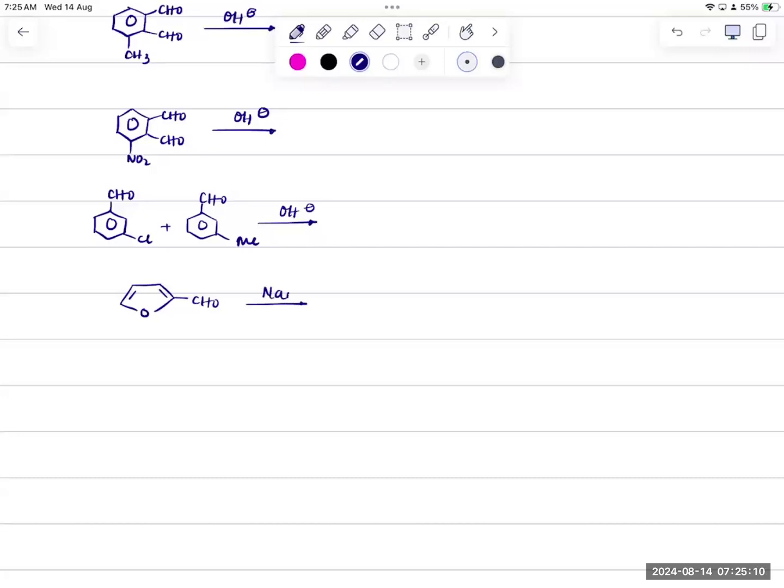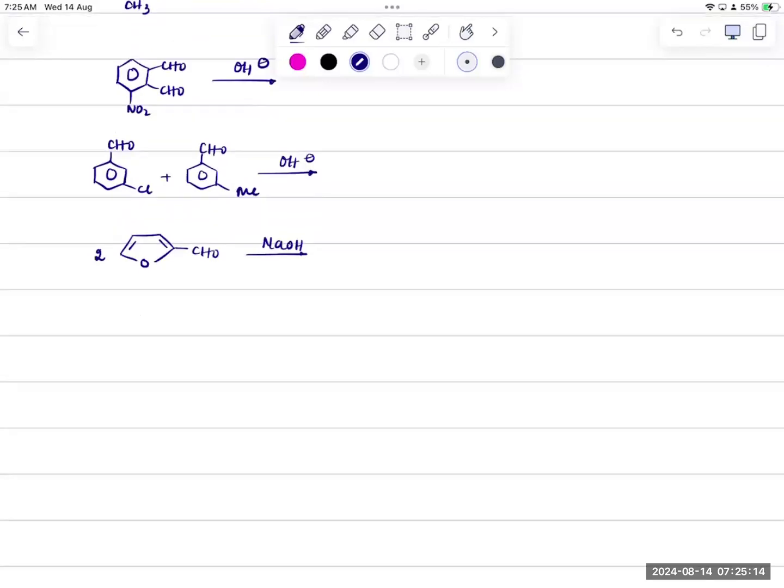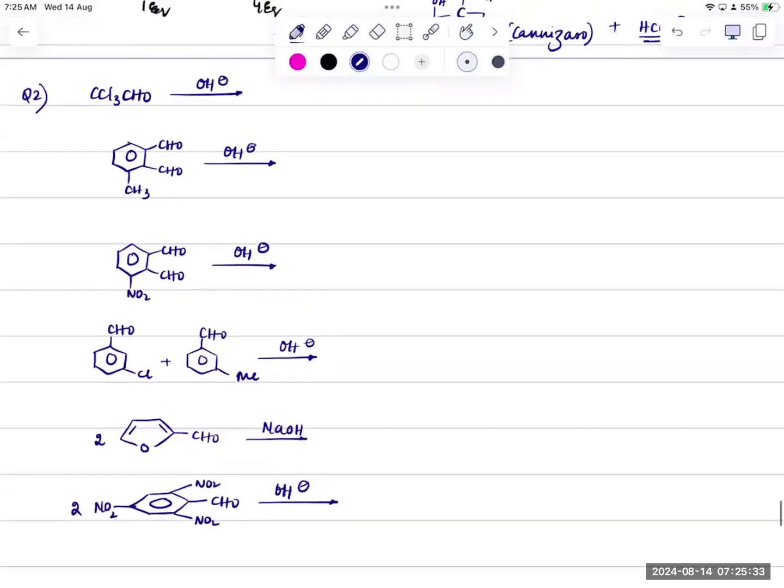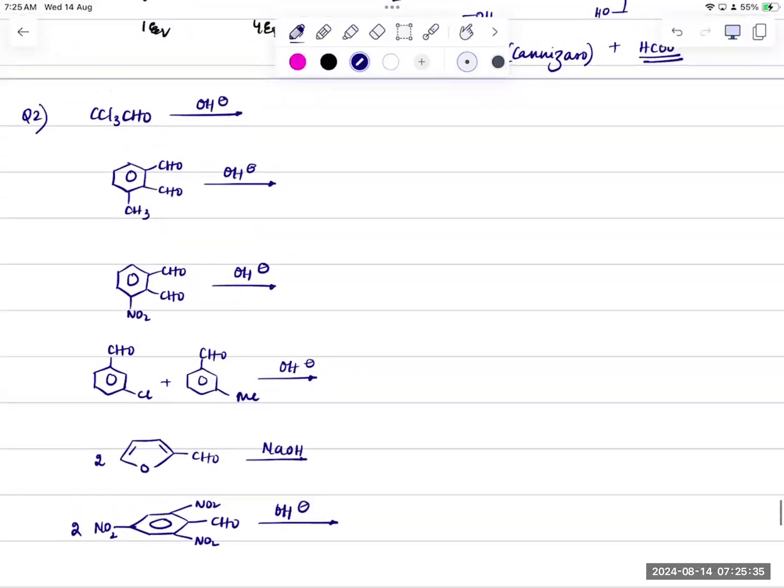If you treat 2 moles of this with NaOH, what do we get? Lastly, if you have CHO with NO2 here, NO2 here, and NO2 here, I took 2 moles of this in the presence of OH minus, then what is the product formed? So try these questions quickly.